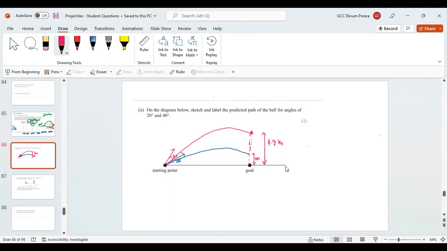You should draw like that. It has to be from the starting position. Displacement is measured from the starting point. Sir, would it be wrong if we draw another arrow, like 3.7, for the difference? No, that would be fine.